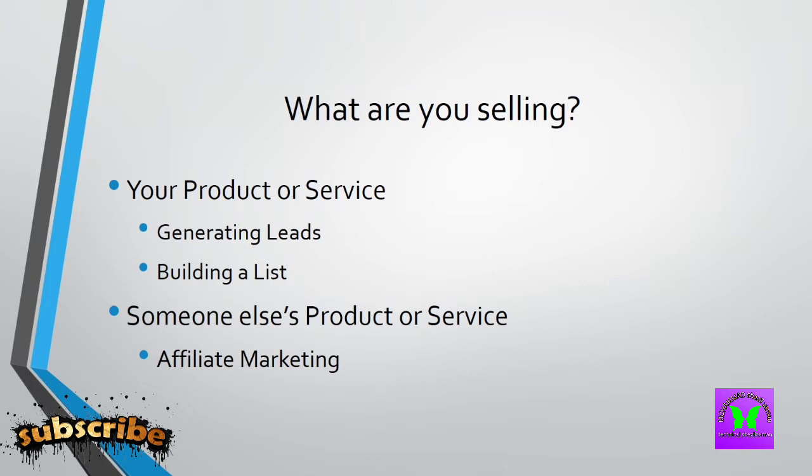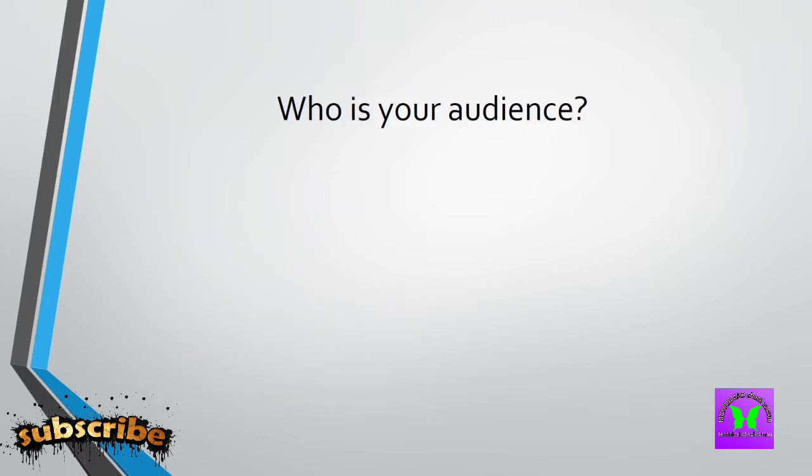So I want you to pick and choose: number 1, your own product or service, or number 2, somebody else's product or service. So we have affiliate marketing and we have cost per action, which means that people get paid for sending leads. For example, you could get paid every time somebody fills out a form or takes a specific action.